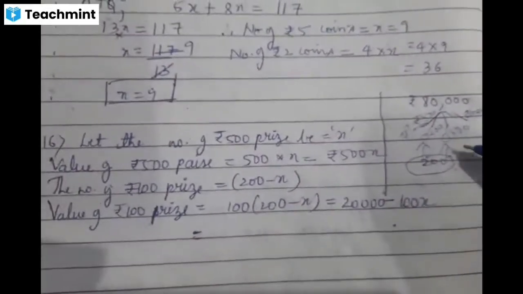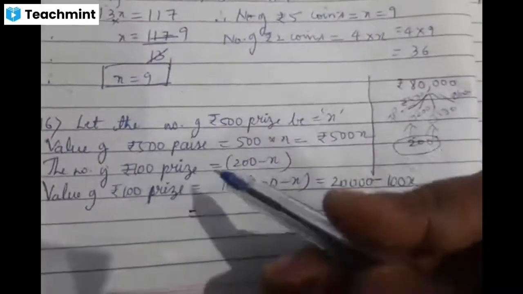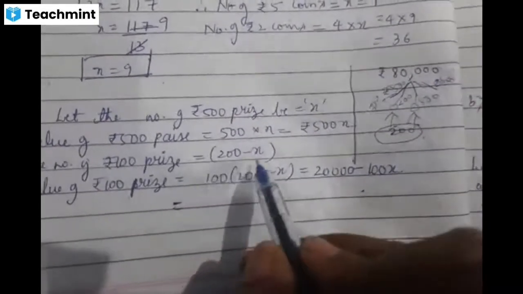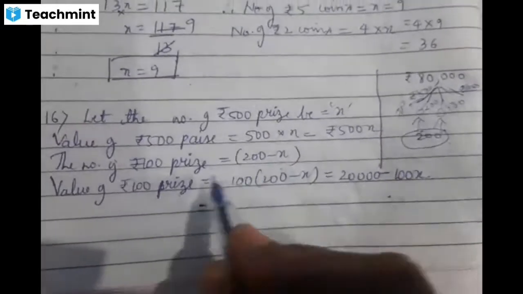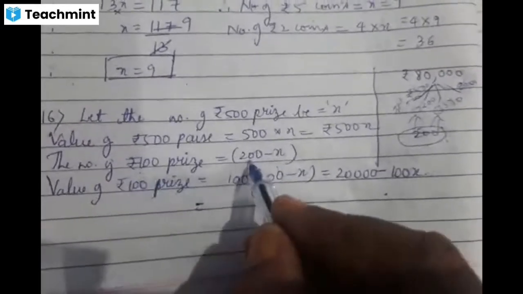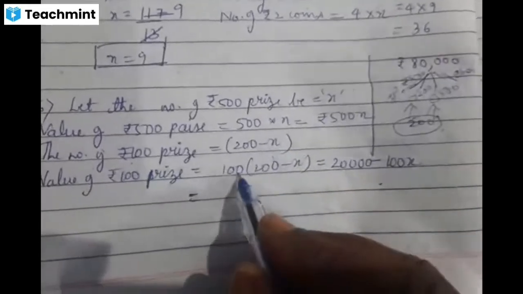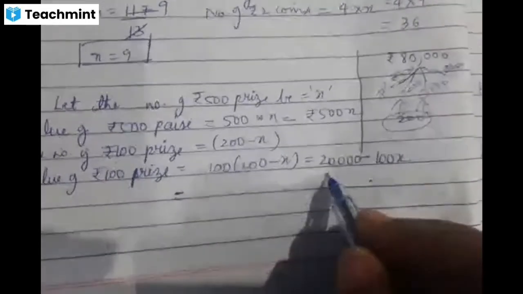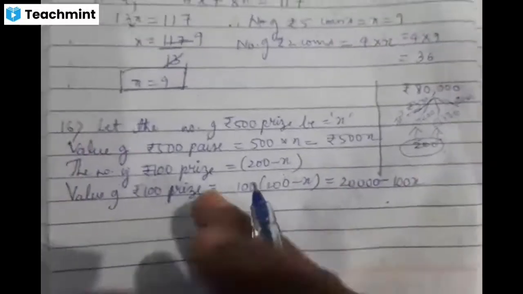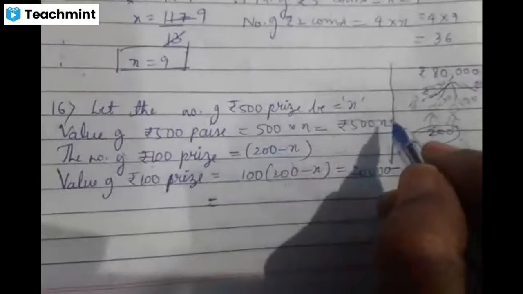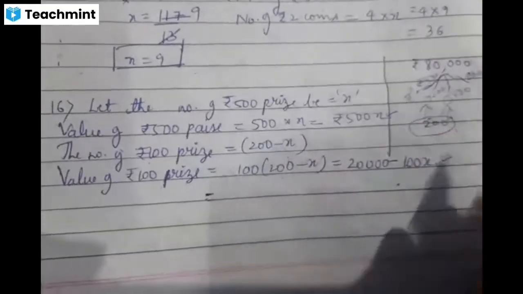So the number of 100 rupee prizes is equal to 200 minus x. Therefore, the value of 100 rupee prizes will be 100 rupees into 200 minus x, which is 100 into 200 is 20,000, minus 100 into x is 100x. So this is the value of the 500 rupee prizes and the 100 rupee prizes.